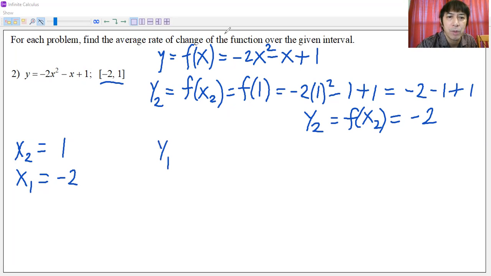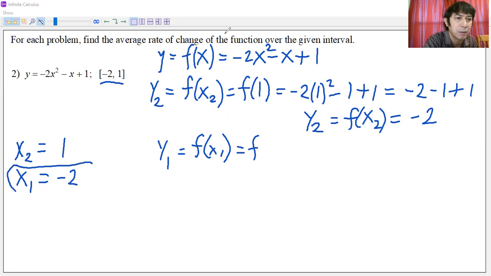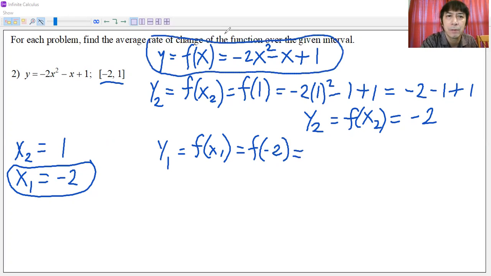y1 is f of x1, which is equal to f of -2. We shall use the same function here and replace all x with -2.